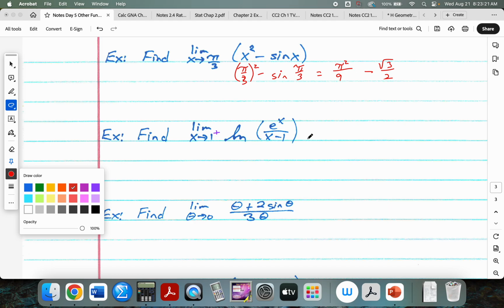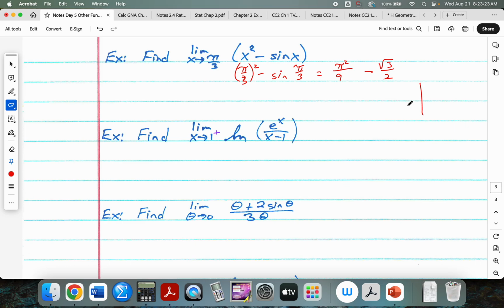And what does natural log do as its inputs go towards infinity? Yeah, it keeps going up. Incredibly, painfully, glacially slowly. But it does keep going up. This is going to be infinity.